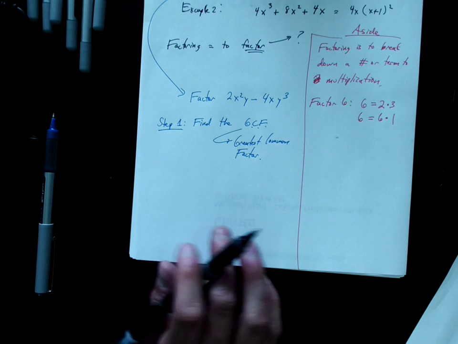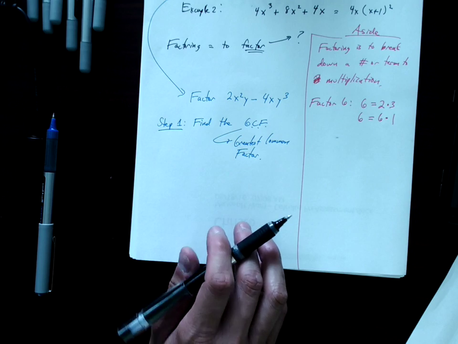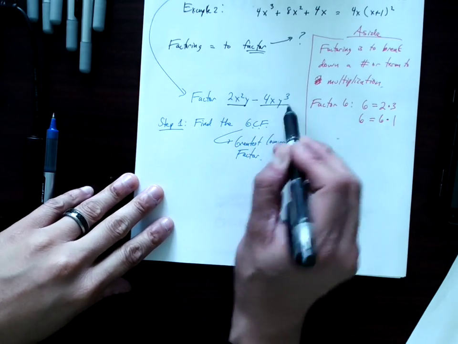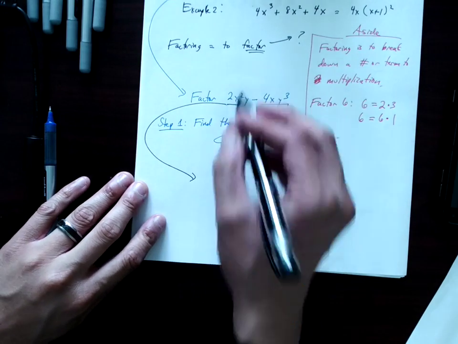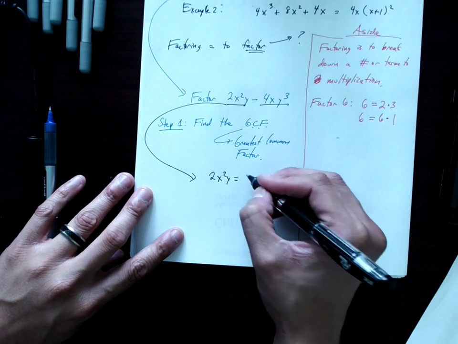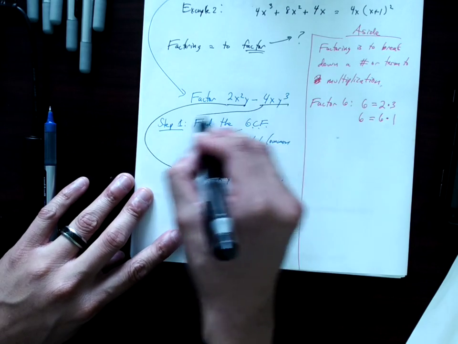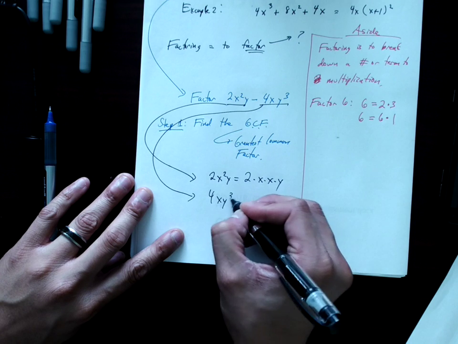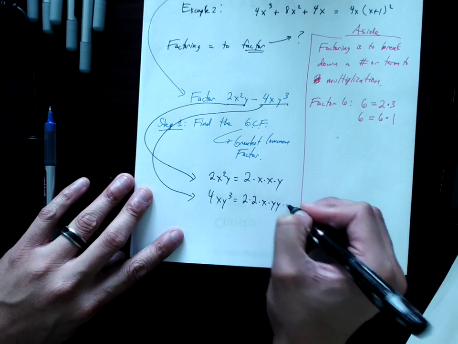There are a few different ways of doing it. The easiest thing to do is to break down each term and see what they have in common. Notice here, 2x squared y is 2 times x times x times y, and 4xy cubed is 2 times 2 times x times y times y times y.